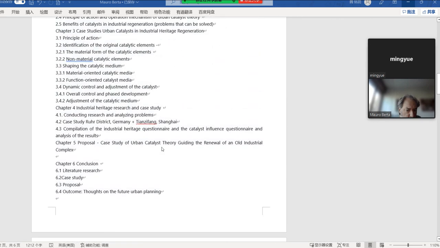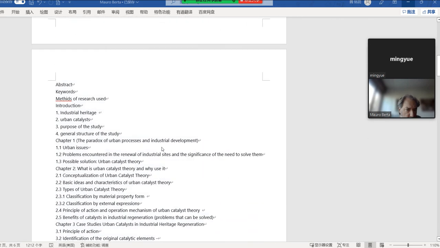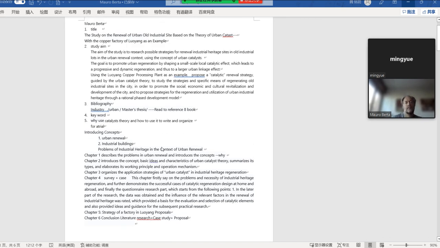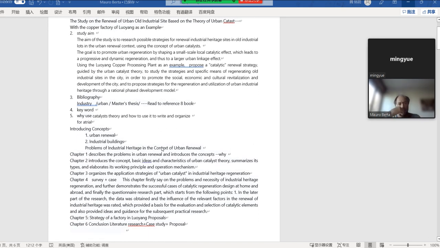After that, I read the structure of the series, to organize different chapters using the catalytic concept combined with the project.